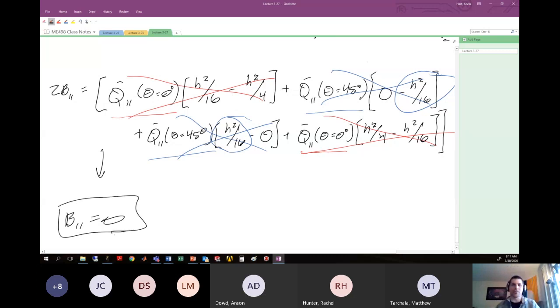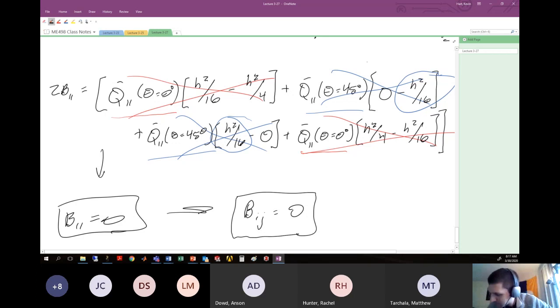Everything cancels out because we have a symmetric condition: when we square things and eliminate the negative signs appropriately, these terms cancel each other out.